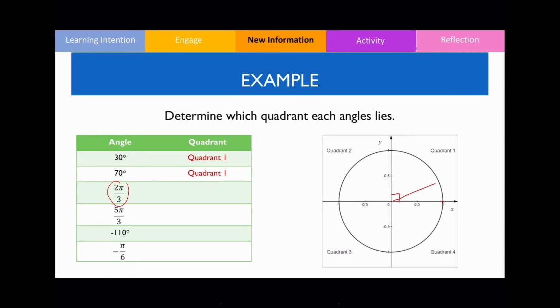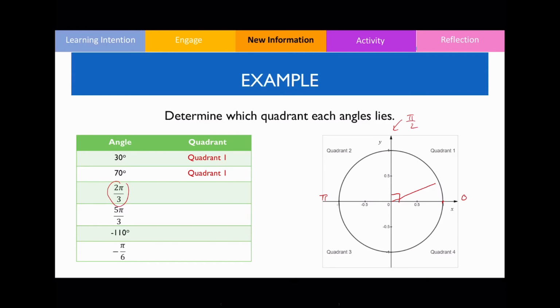Now, in order for you to identify whether it lies in quadrant 1 or in quadrant 2, well, this over here is 0. You know that this over here is pi, and you know that this particular point over here is pi on 2. These are some things that you just have to memorize. So you now have to see, does 2 pi on 3 lie closer to 0, which is closer to quadrant 1, or does it lie more closely to quadrant 2?